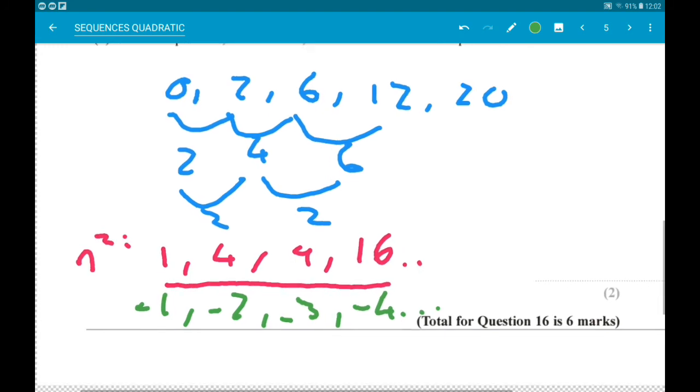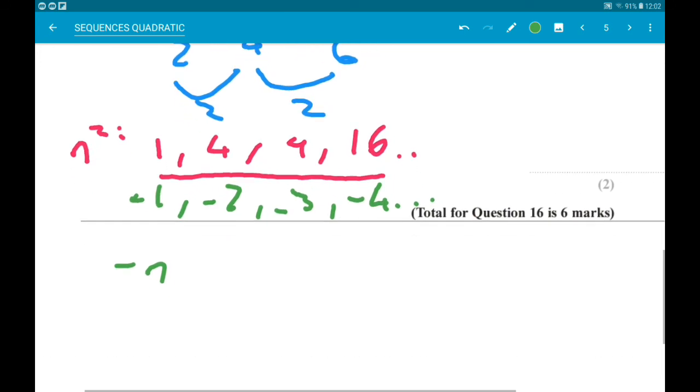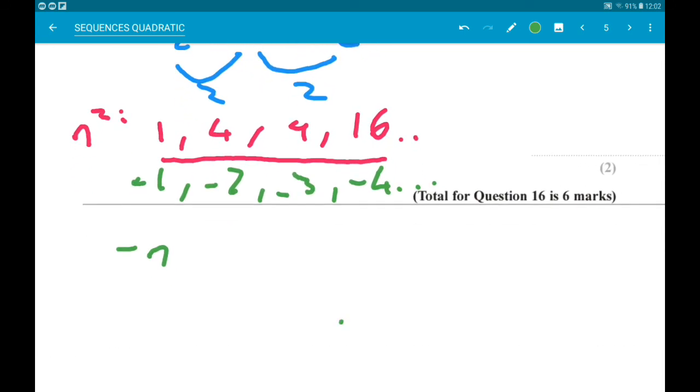So this is actually just minus n. First term minus 1, second term minus 2, etc. So the whole nth term is just n squared minus n.